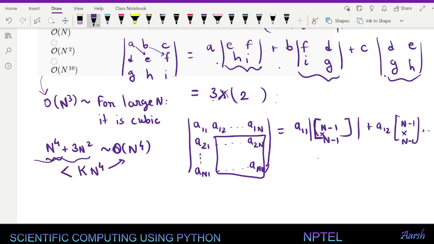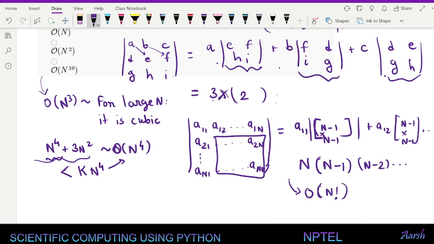So how many such terms are there? Multiplication and such multiplication, and for each of them you can go inside and inside. So n minus 1 multiplication, then again n minus 2 multiplication, etc. So it's order of n factorial actually.